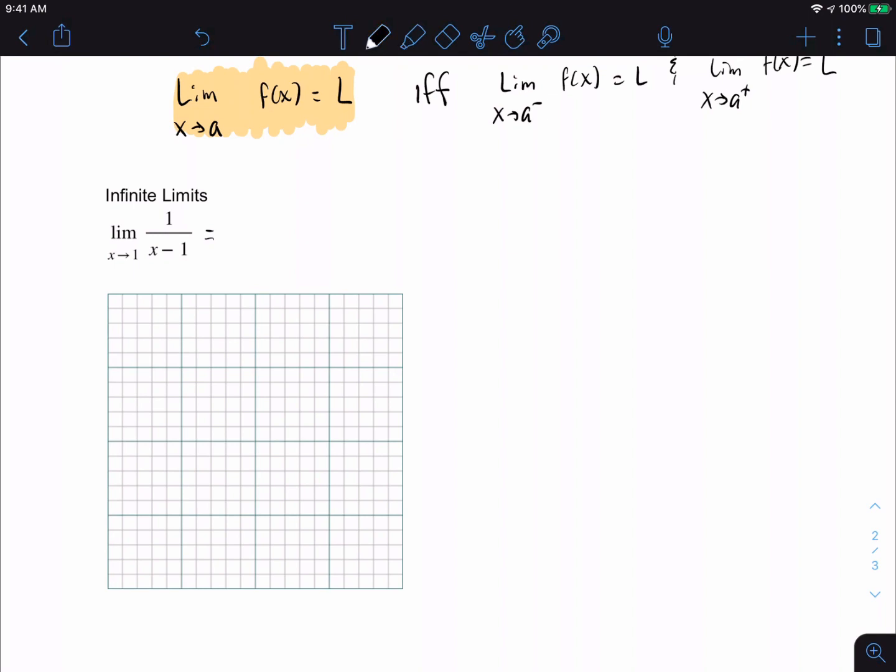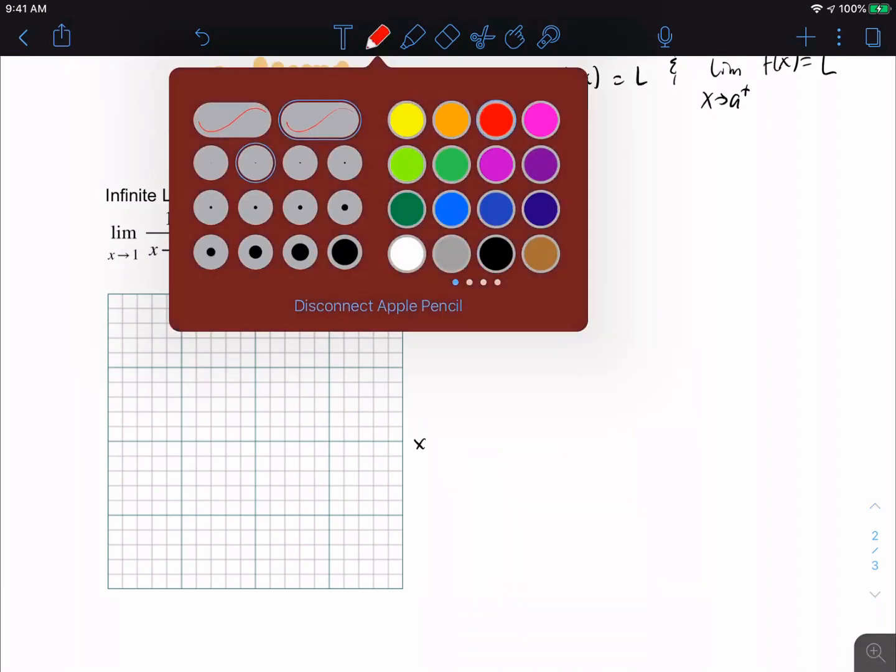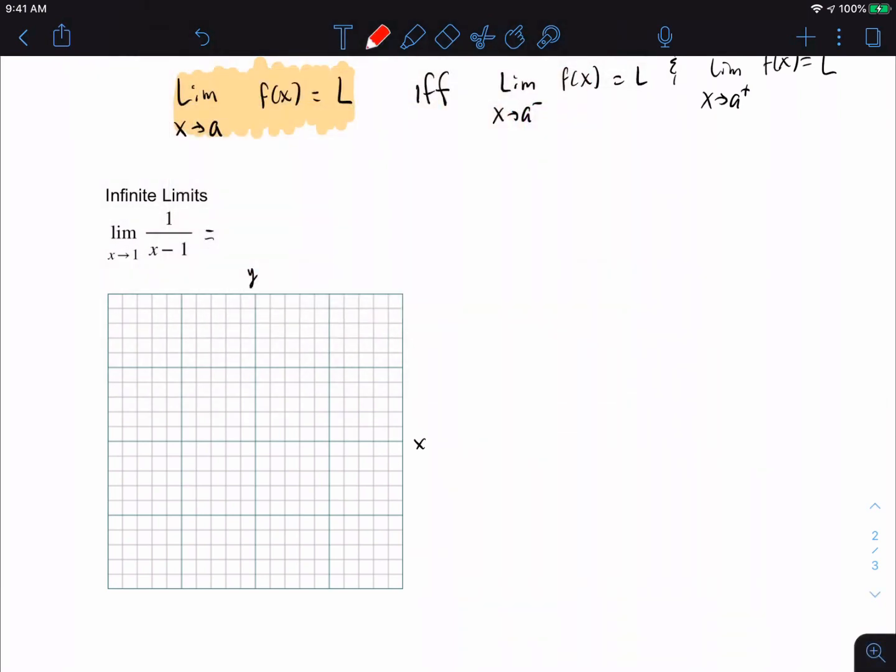In this problem, I'm going to call this x. I'm going to call this the y-axis. And I'm trying to find out what the limit is for this thing as it approaches 1. Now, one of the things I see is it's undefined if I plug in 1. So that gives me a vertical asymptote at 1.